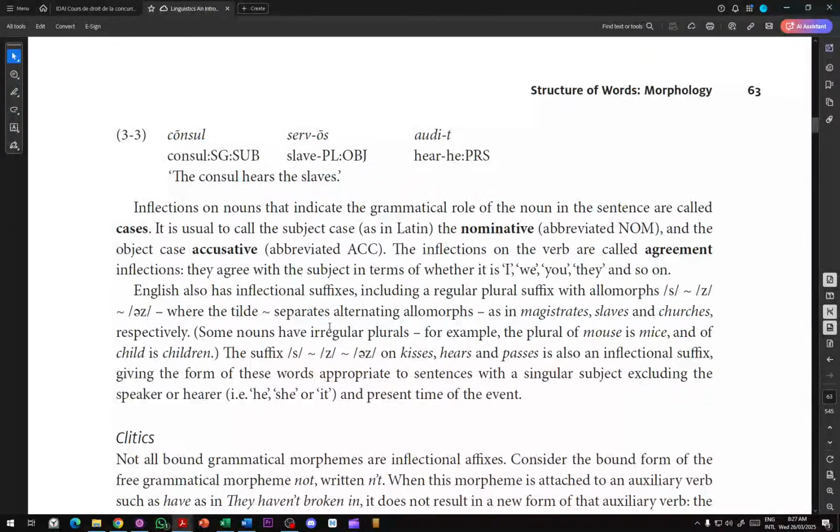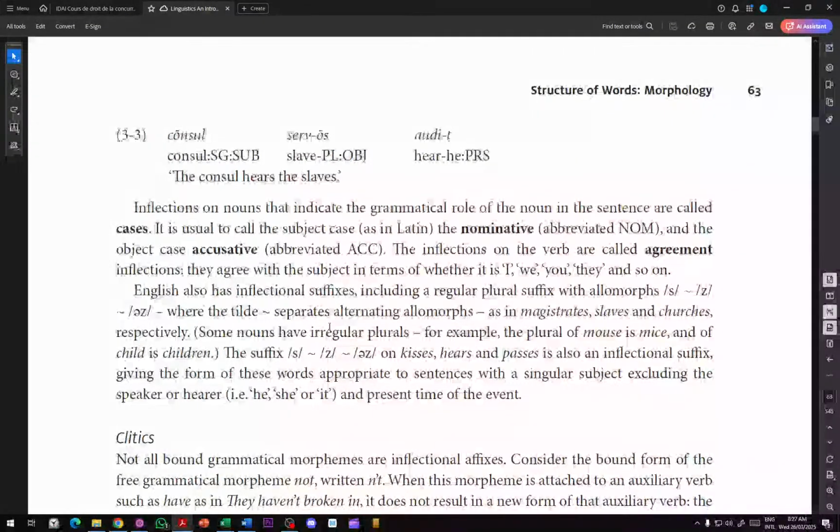These are verbs. Kisses, hears, and passes. Is it passes or passes? It's difficult. I never said passes. Never mind. Let's continue. Is it also an inflectional suffix?